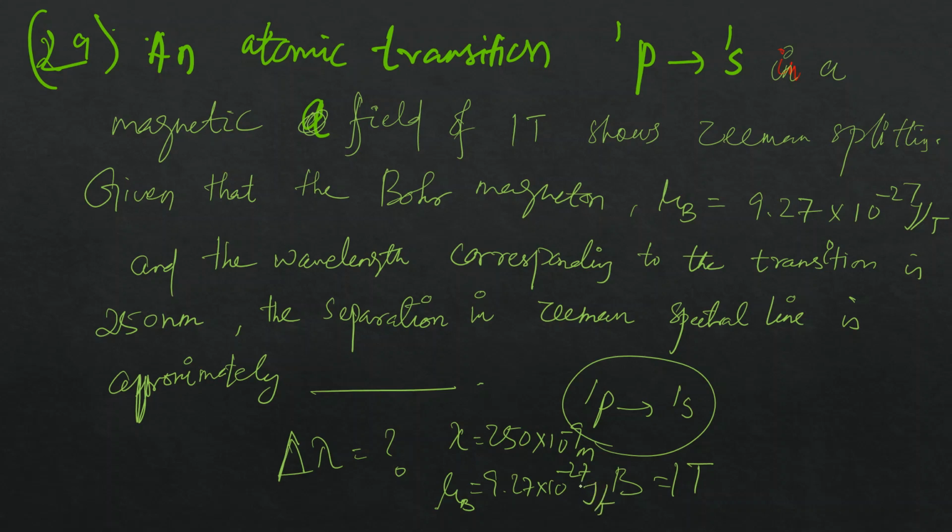Okay, so what do we have to find here? We have to find del lambda. What is the formula for del lambda? Del lambda we know: lambda square by c, gl eb by 4 pi m.